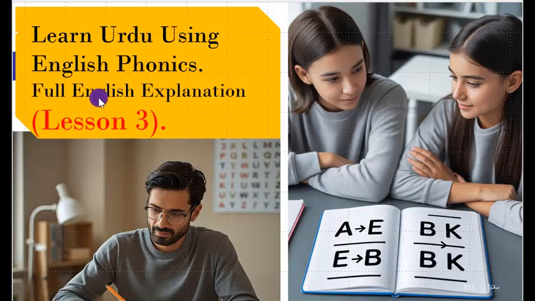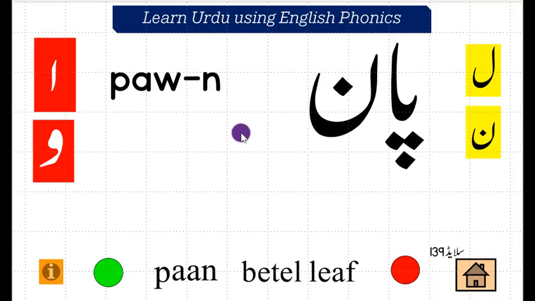This is a full English explanation for our English learners, and of course we'll be using the English Phonics approach to read Urdu. Let's quickly tell you what will be in today's lesson. We'll be telling you some new consonant sounds, and a new vowel will be introduced.